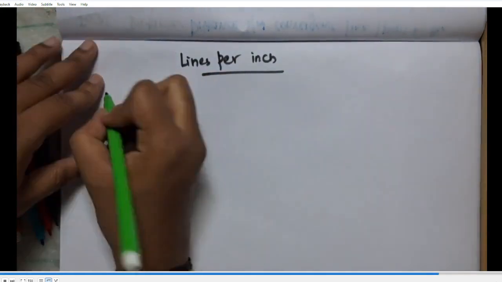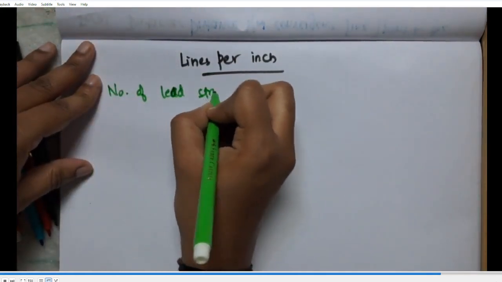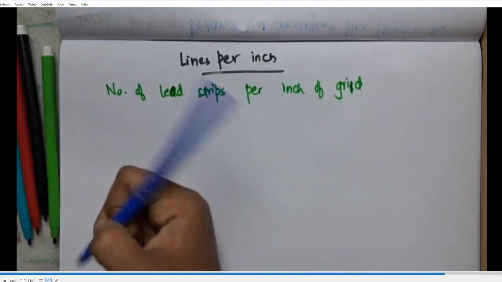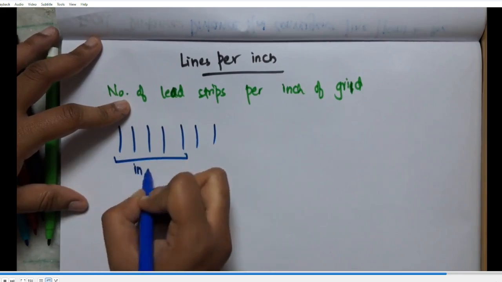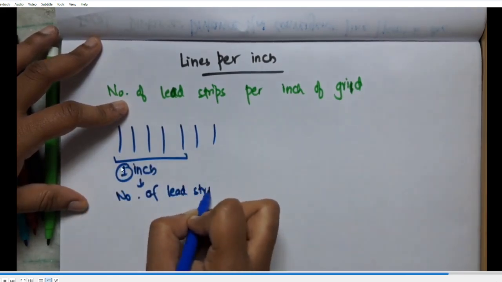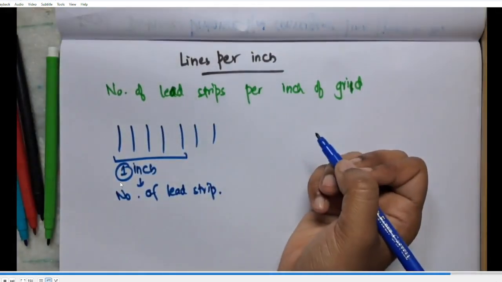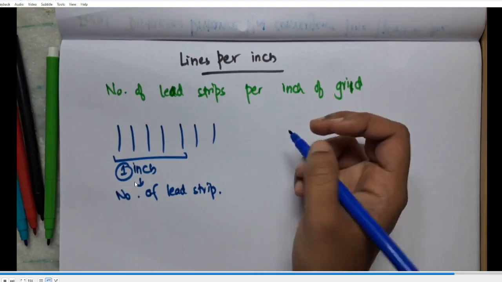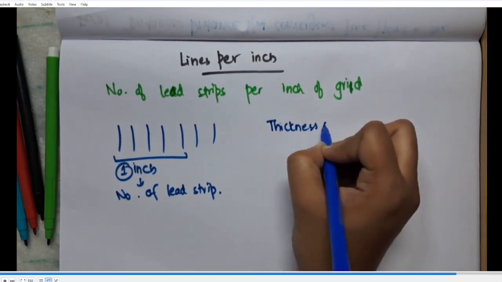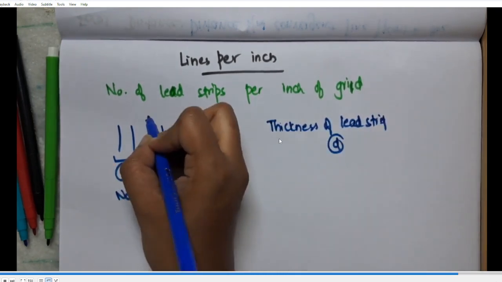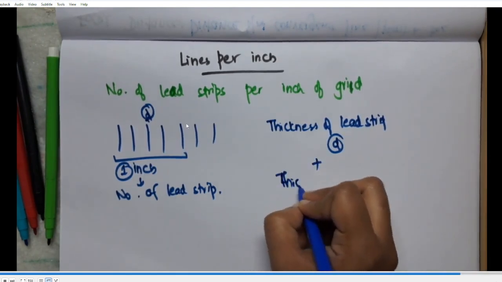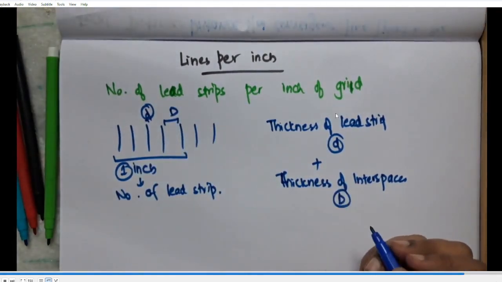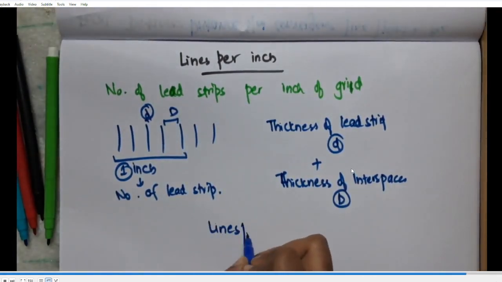Lines per inch is the number of lead strips per inch of the grid. It is calculated by adding the thickness of the lead strips, d, and the thickness of the interspaces, and dividing 1 by this sum.